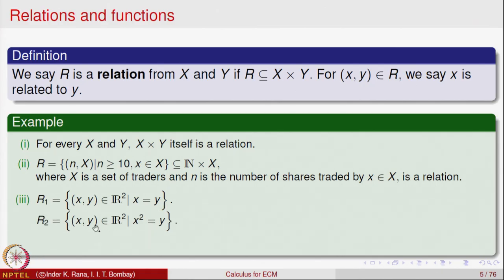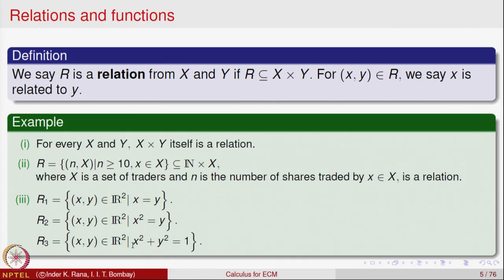Let us look at another relation, (x, y) in R 2. That means in these sets X is equal to Y and equal to R, so X and Y are the same sets. So, we are looking at the Cartesian product of R with itself. The relation is that (x, y) belongs to R 2 if x square is equal to y.